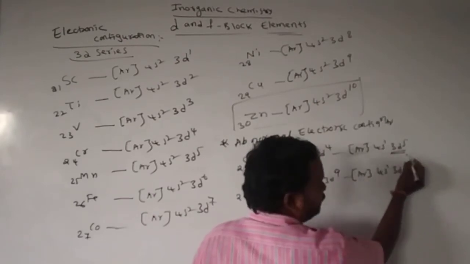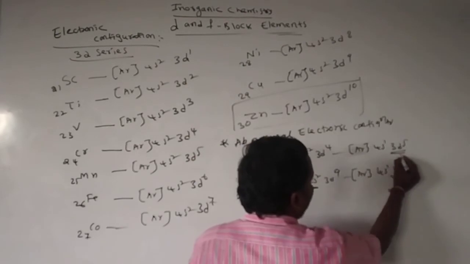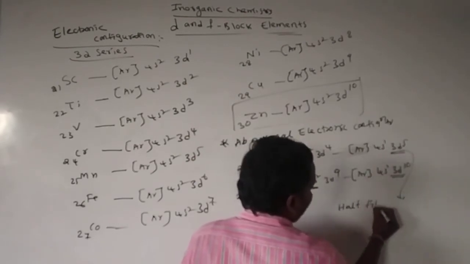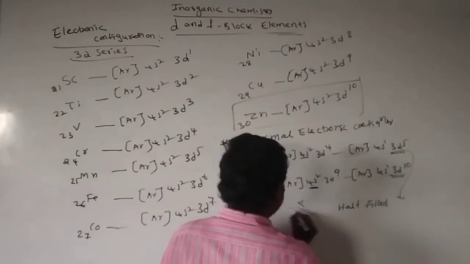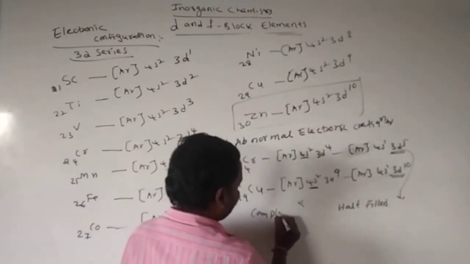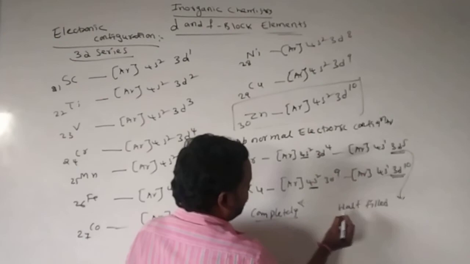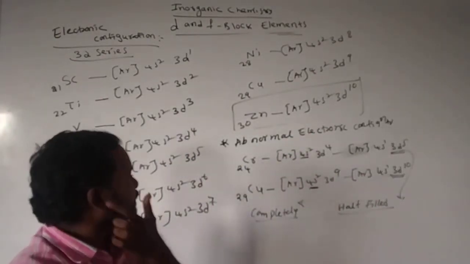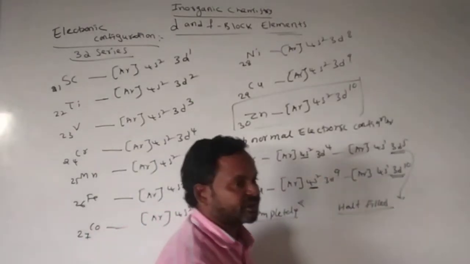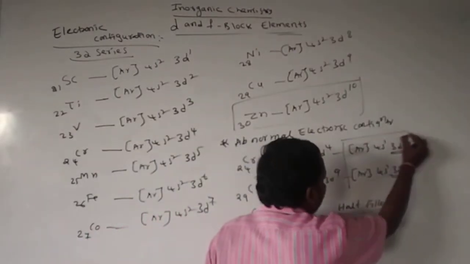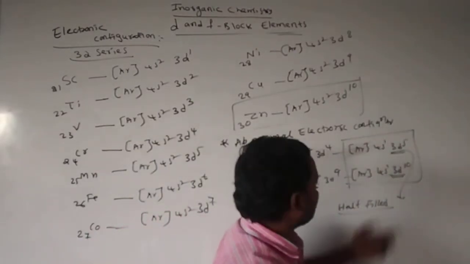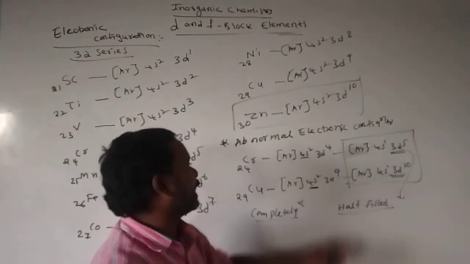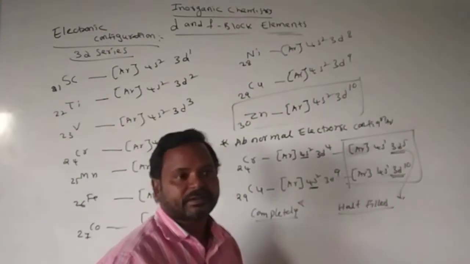Here it is a half-filled electronic configuration, and here a completely filled electronic configuration. Completely filled and half-filled configurations are symmetrical, so they are stable. So these electronic configurations of chromium and copper we call abnormal electronic configuration.